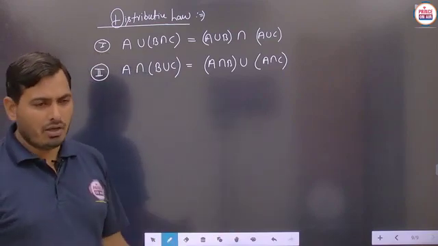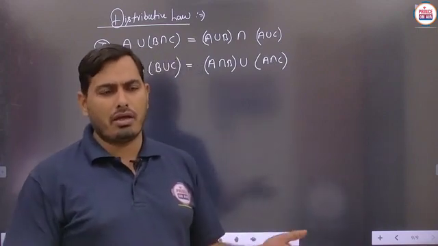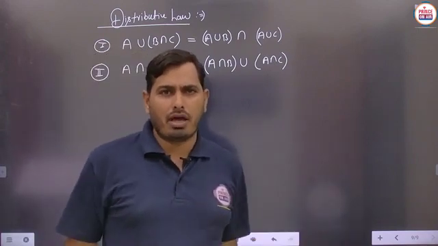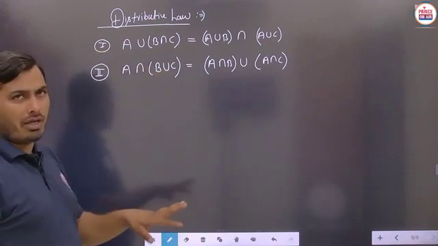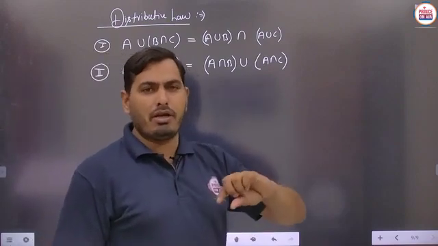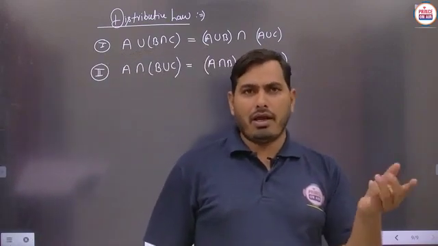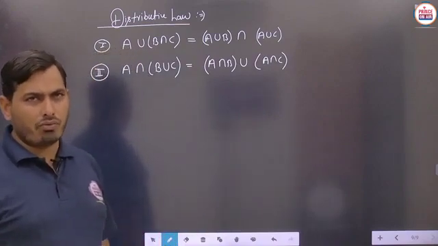Is it clear? If only the union operation is there in an expression, then no distributive law gets applied. But students, anywhere intersection and union are both there, then union will be distributed over intersection and intersection will be distributed over union. So we have to see both kinds of work carefully.